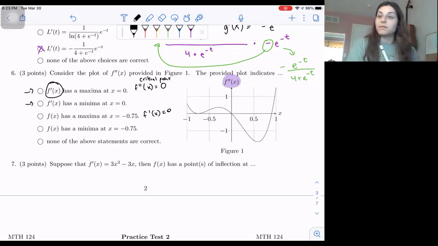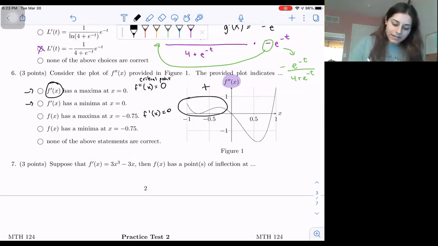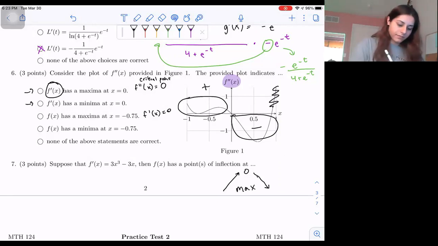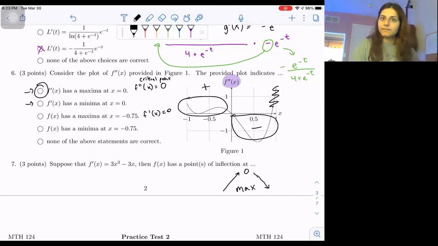When the slope is above the x-axis, right here, it's positive. When it's below the x-axis, just until here, we'll ignore this, that's negative. So if it's going from positive, then it hits that 0, and it goes to negative, that's going to be a maximum. And that is why answer A is correct.